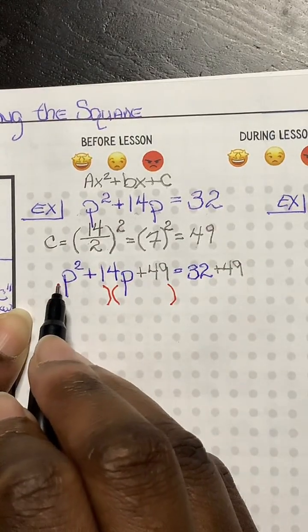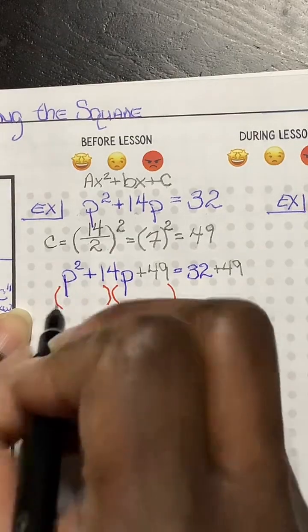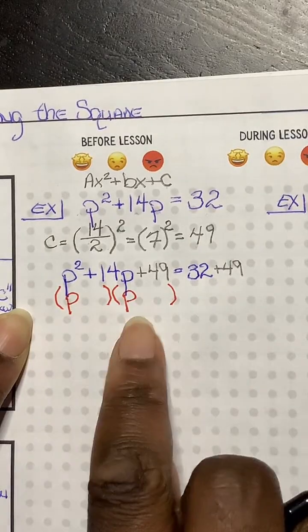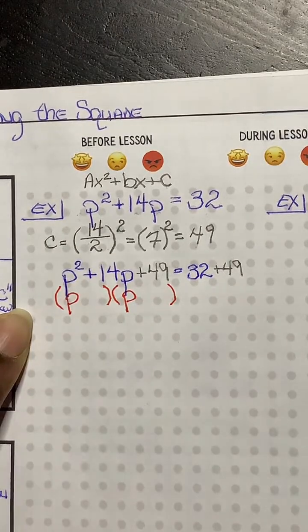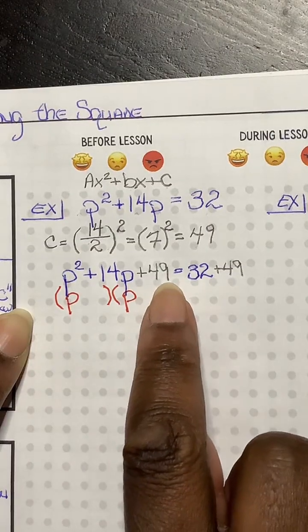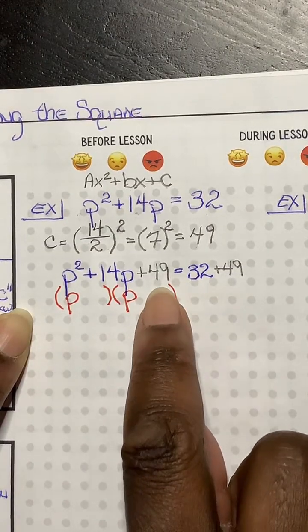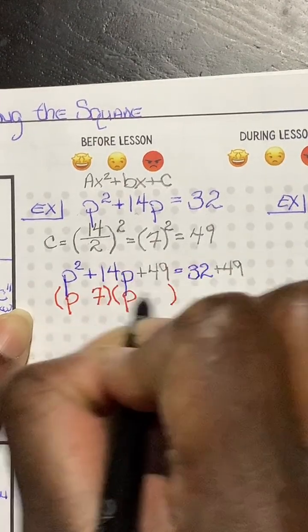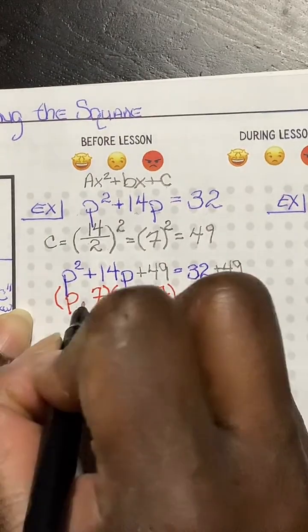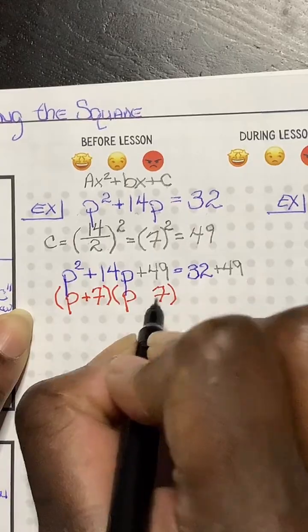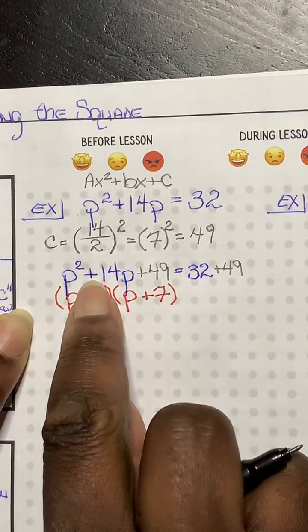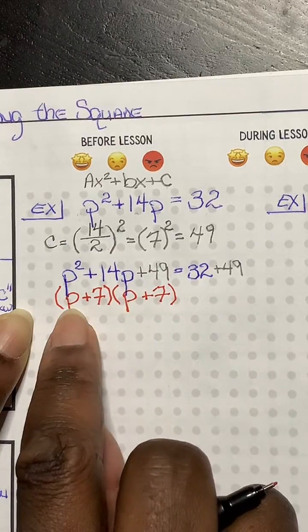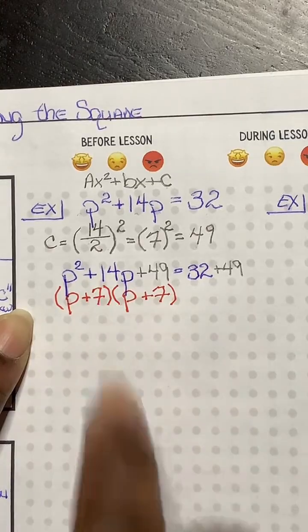Since my leading coefficient is 1, I can split my p's, because p times p gives me my p squared. Now we got this 49. The square root of 49 is 7. 7 times 7 gives me 49. And since it's a positive 49 and a positive 14, because if I add 7p plus 7p, it will give me my 14p.